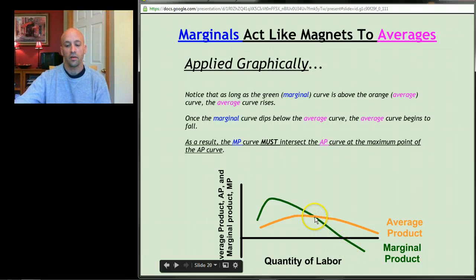As a result of that, average product has to peak out where the two curves intersect. So we're going to see the same kind of action going on anytime we see marginal and average whatever. That marginal is going to be pulling the average in its direction. And that's going to be important going forward, especially in the next screencast.